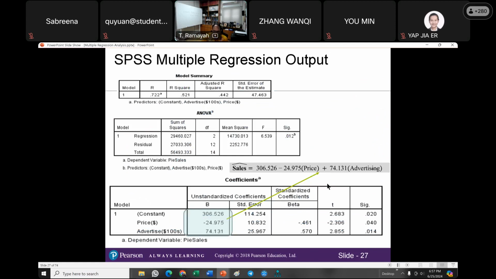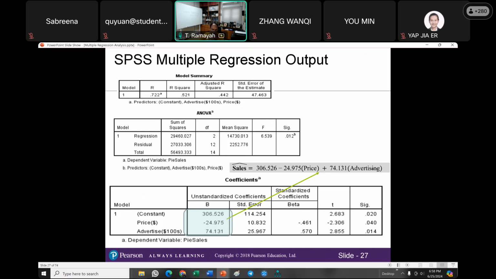And the null hypothesis for the ANOVA is actually R square equals to 0, and the alternative is R square not equals to 0. So this is what we are testing. If this is not significant, your conclusion is you don't have a model for regression. That's the first thing we need to do. Once this is significant, then only we can proceed with interpretation of the other tables.